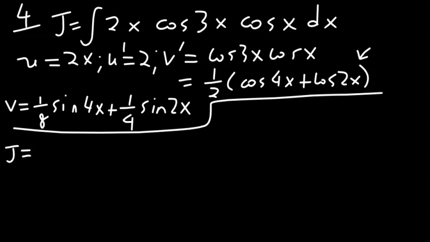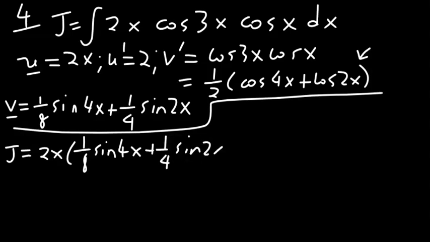So j is u times v, that is the first term. So 2x times 1 over 8 sine 4x plus 1 over 4 sine 2x, minus the integral of u prime v. So u prime is 2.